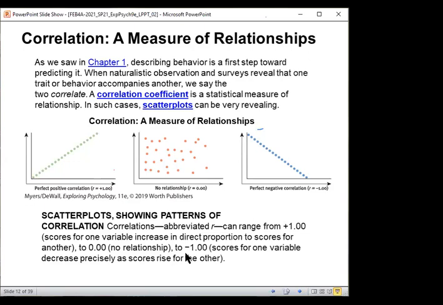To a -1, where the scores for one variable decrease precisely as scores rise on the other. So as one variable goes up, the other goes down. Here, in this example, we have a perfect correlation of -1. It's the exact opposite of the perfect positive correlation over here.